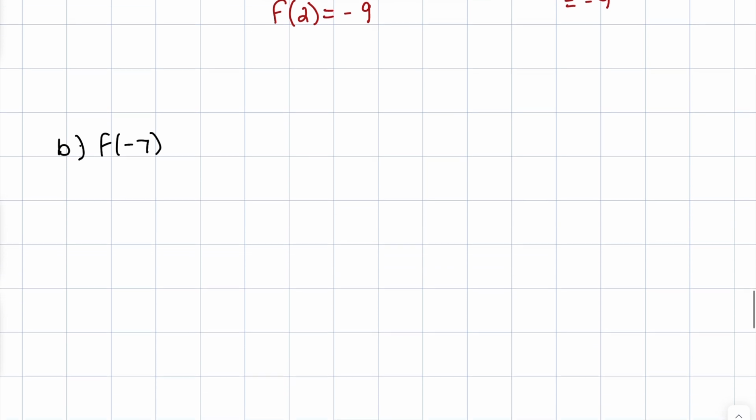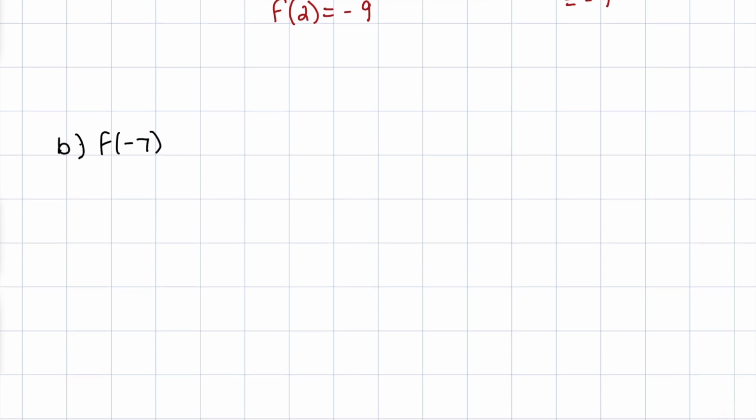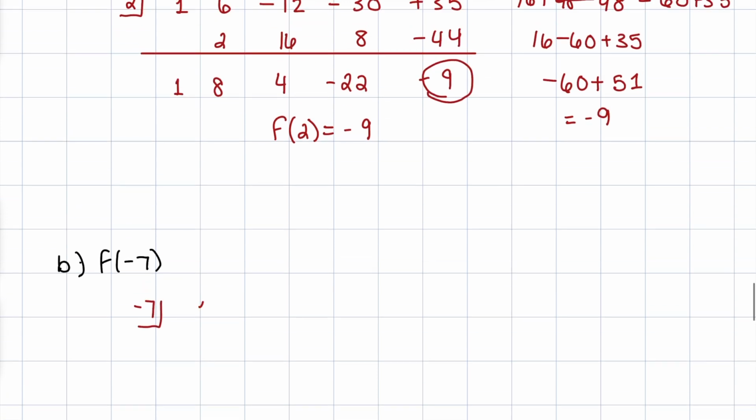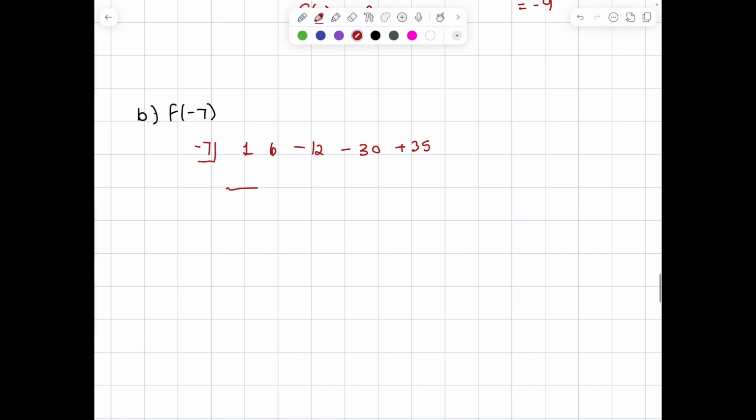Okay, so another thing, so let's try this one. So let's try f of 7. So we get -7 in the corner, and we have that same spread. So 1, 6, -12, minus 30, plus 35. Draw our line, bring down the 1. So we have 1 times -7.